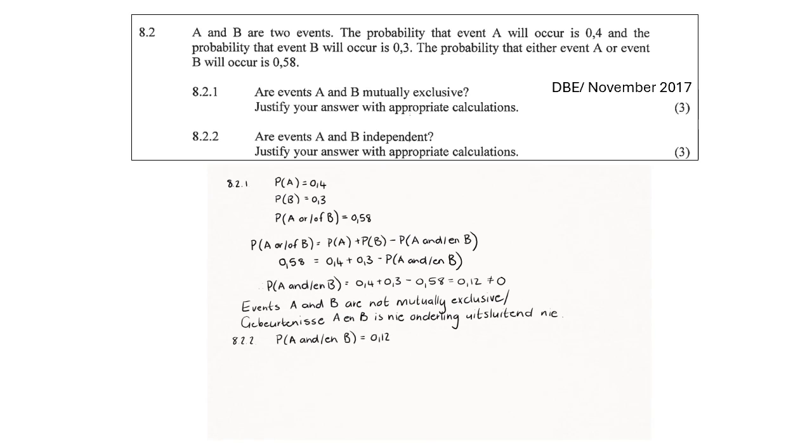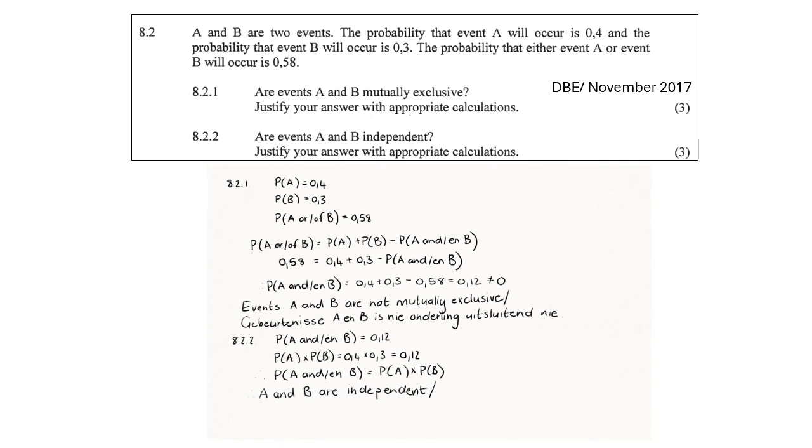And now we are going to determine the probability of A times the probability of B. And that equals 0.4 times 0.3. And that also equals 0.12. Therefore, the probability of A and B is equal to the probability of A times the probability of B. And therefore, A and B are independent events.